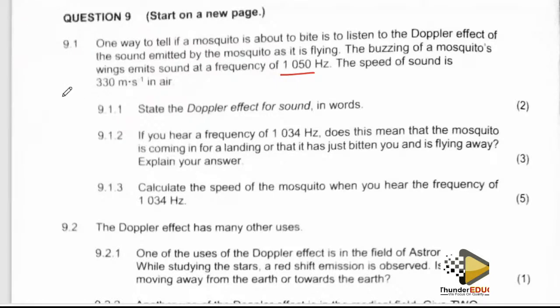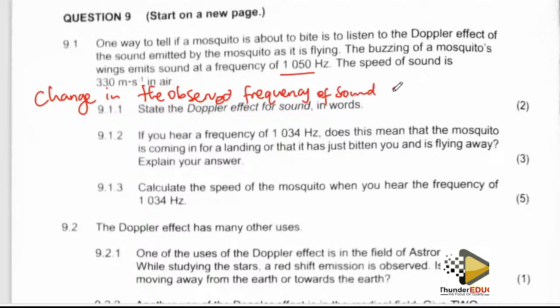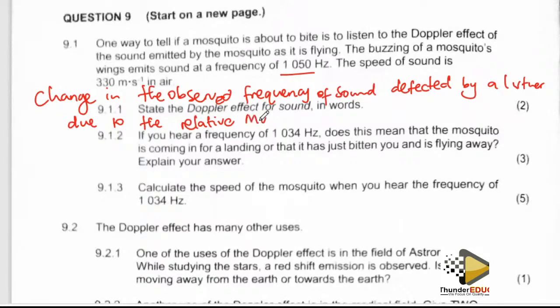We can say that it is the change in the observed frequency, the sound detected by a listener or an observer, due to the relative motion between the source and the observer.